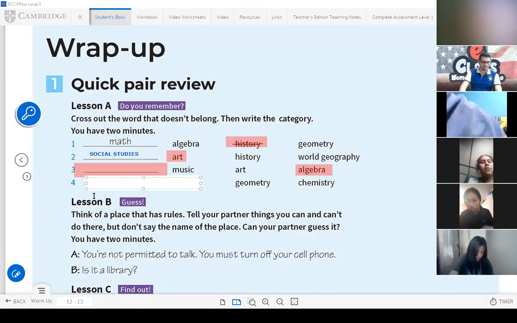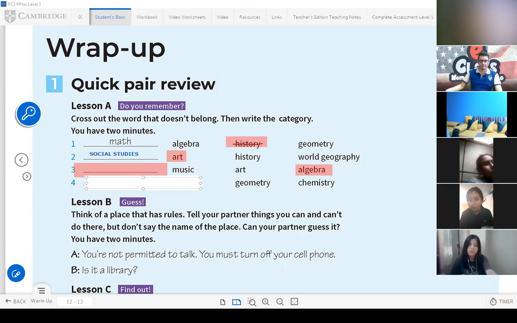Music, art. What's the other? You don't know? Come on, tell me. This is open microphone. Who can tell me? Music, art. Are you sure civics? Hmm? You're talking music, art.